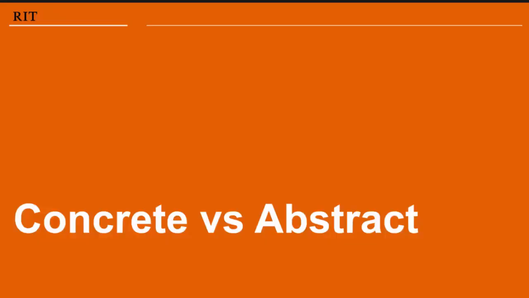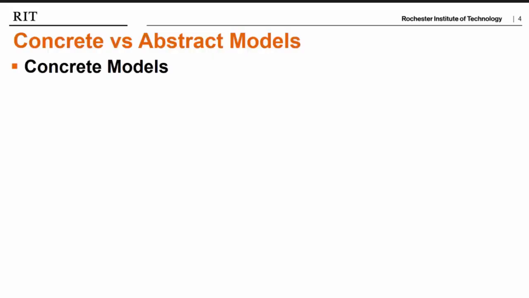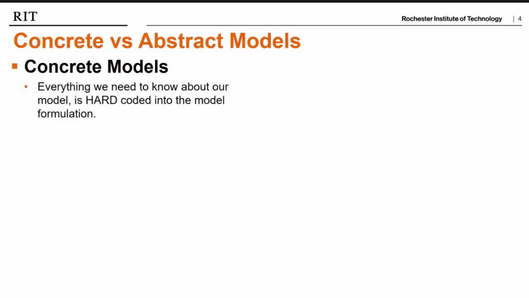Just to review, we're going to quickly cover the difference between concrete and abstract models again. Our concrete models, these are the types of models we've already coded in class, contain everything we need to know about our model hard-coded into the model formulation. And these concrete models only use one file, a single .py file.